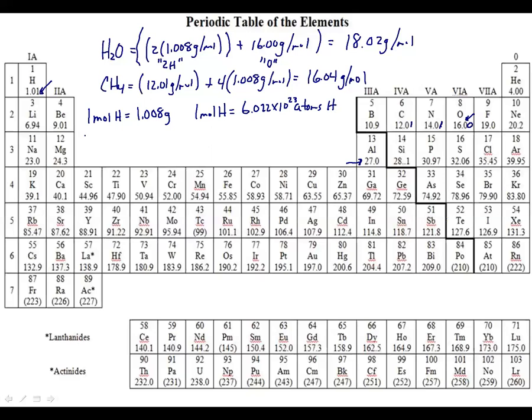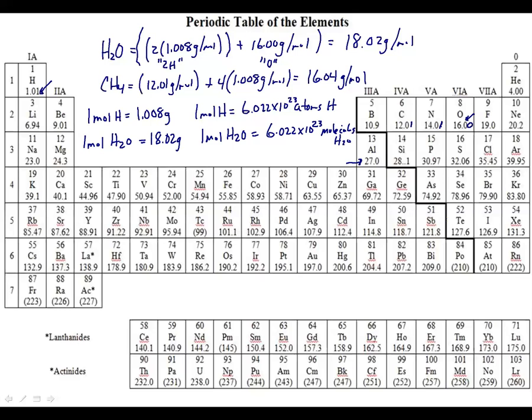While if I had 1 mole of water, that would equal, as we see from the top there, 18.02 grams of water. And in 1 mole of water, there would be 6.022 times 10 to the 23 molecules of water. So that is sort of how these two things are tied together. They're related to each other that way.